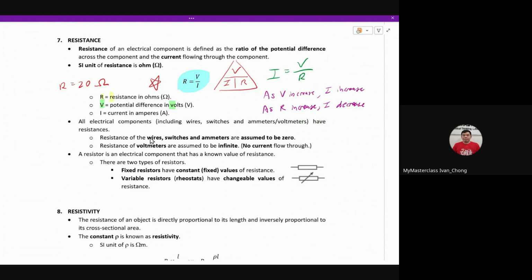But these are the assumptions: we will assume that your wires, your switch, and your ammeters have zero resistance. That's why normally we ignore them when we draw a circuit.